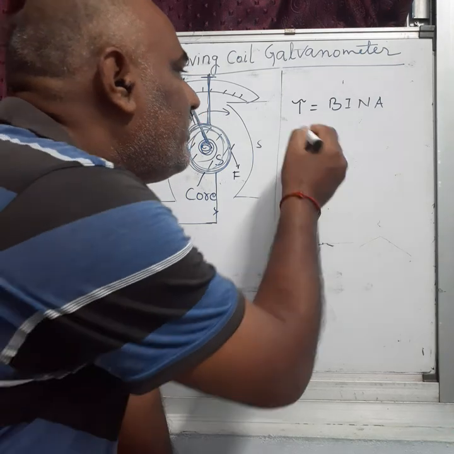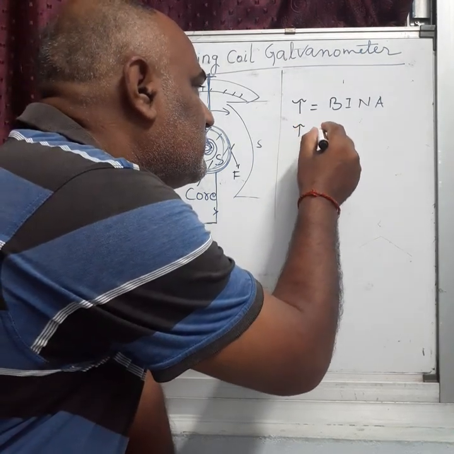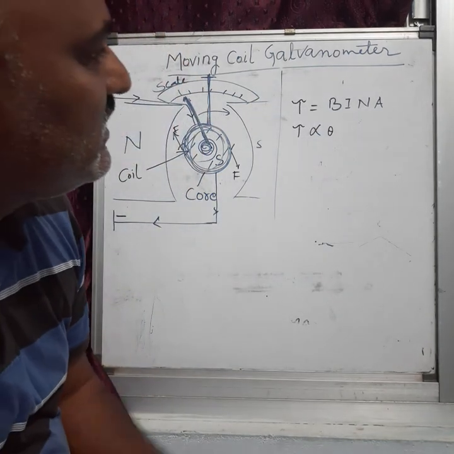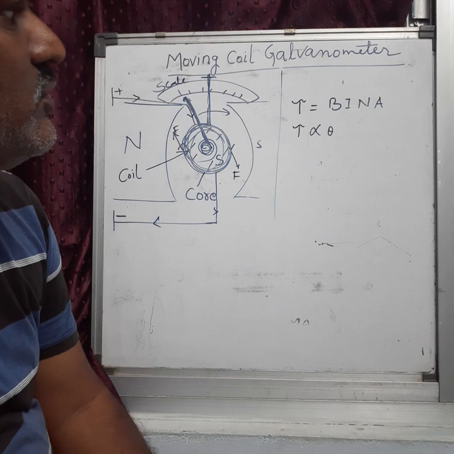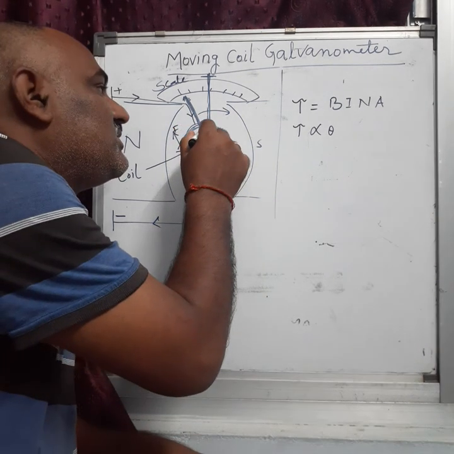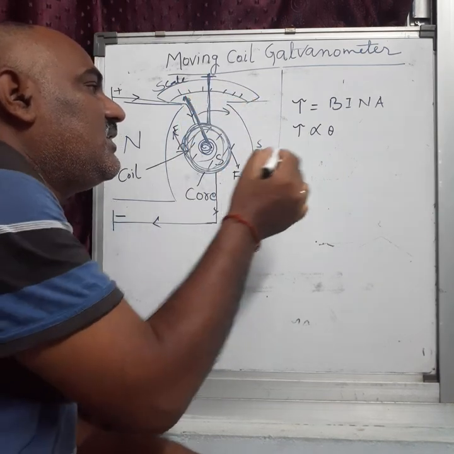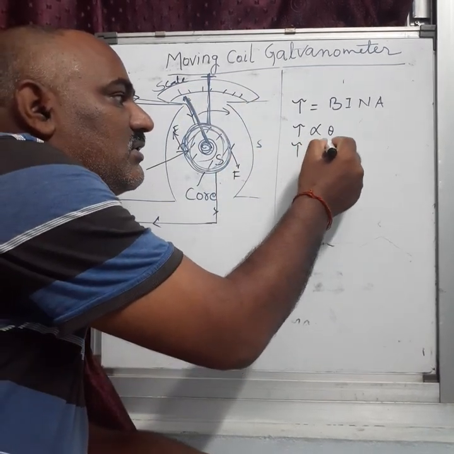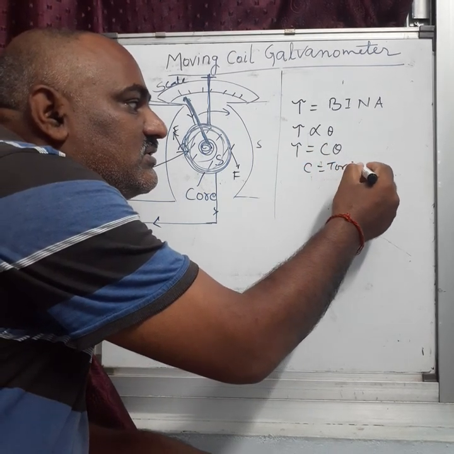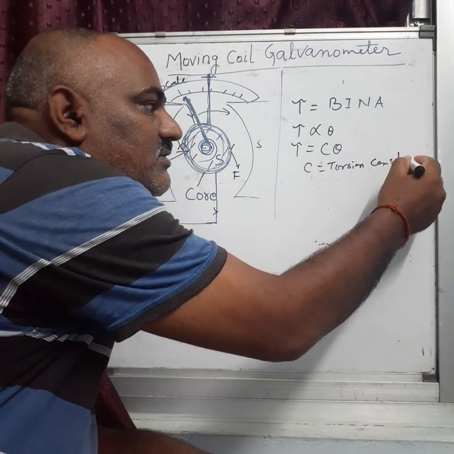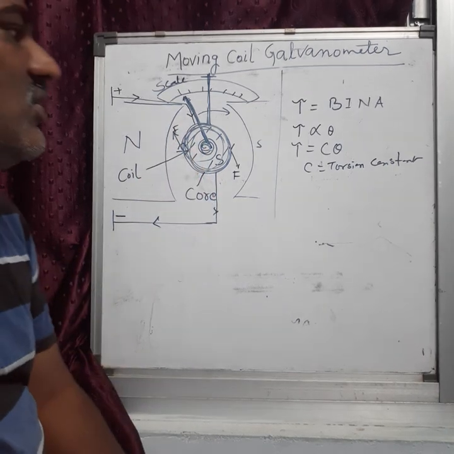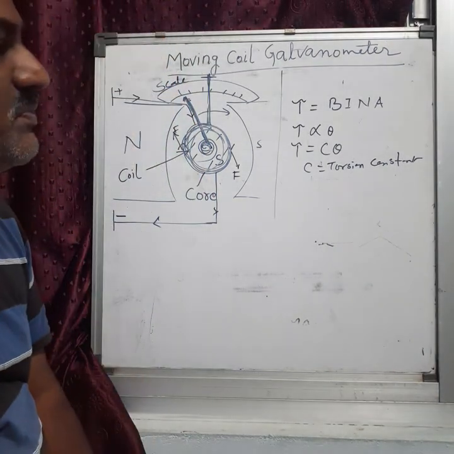And now we know that torque is directly proportional to theta. What is theta here? Theta is the angular displacement. Torque is equal to C theta, where C is the torsion constant of this spring.